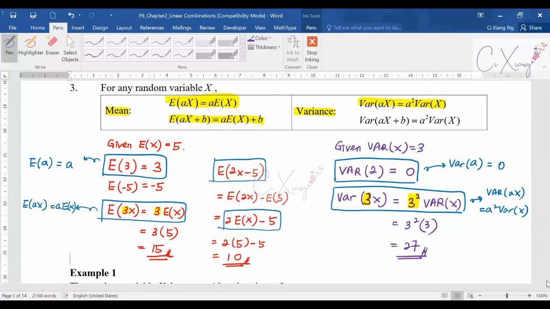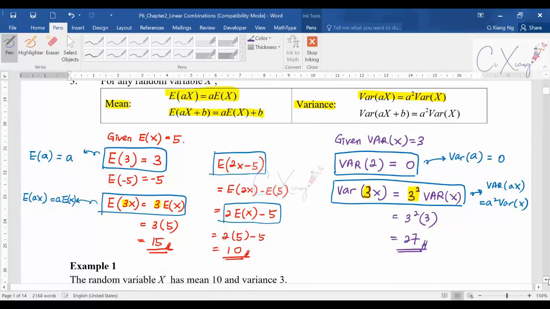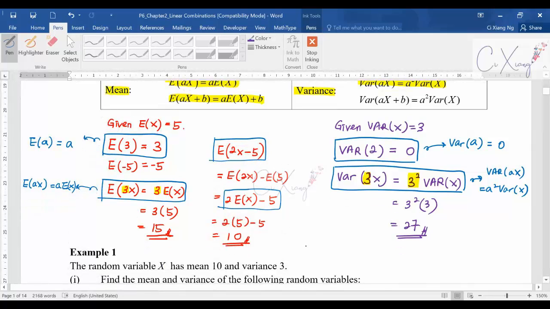If I want you to calculate the value for variance, let's say, maybe 2x minus 1. To calculate the variance of 2x minus 1, generally what you need to do is split it up.